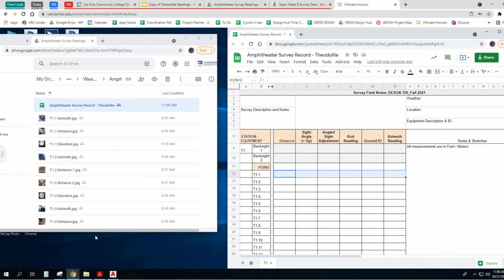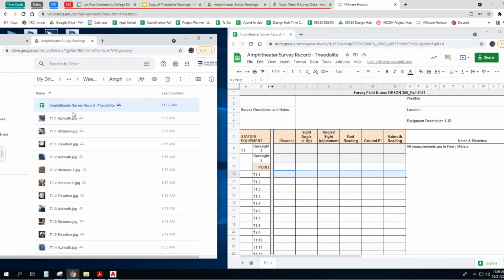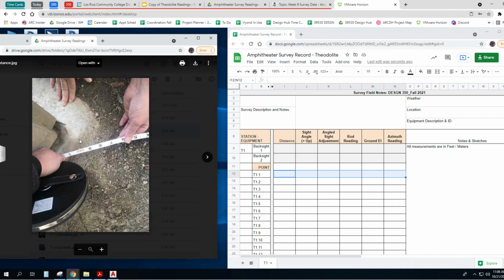Okay, so over here on the left, I see all these. So I want my distance, T1.1, and my distance is right on 100 feet. I can't get much closer than 100 feet. So my distance is 100.